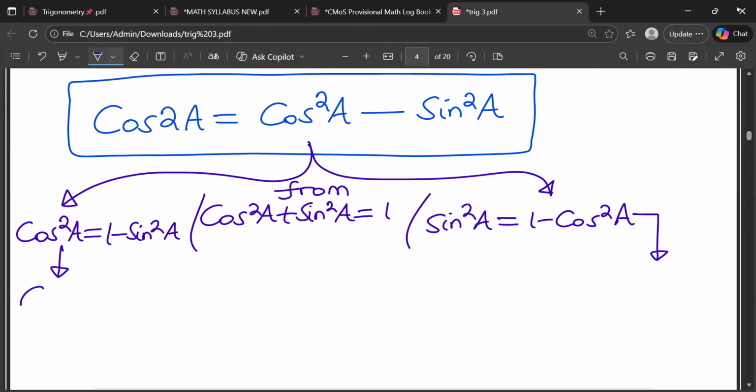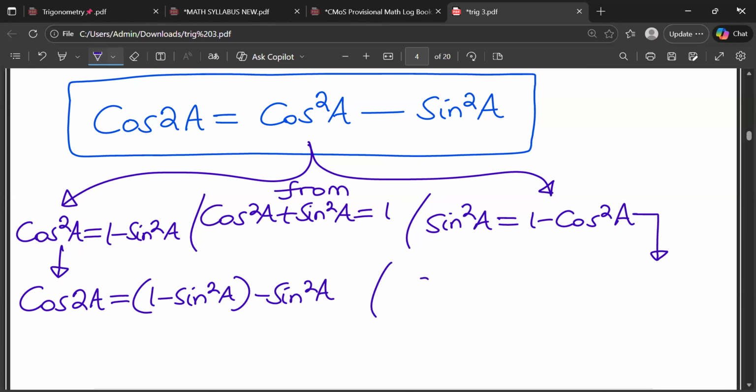So I'm going to maintain my cos 2A. Then where there is cos squared A, I'm going to come and put the 1 minus sine squared. Now if you people are following, then I'll leave the other one as it is. Are you following? Then for this side, I'm going to leave my cos 2A. I'm going to leave my cos squared A, but I'm going to remove the sine squared and then put 1 minus what?